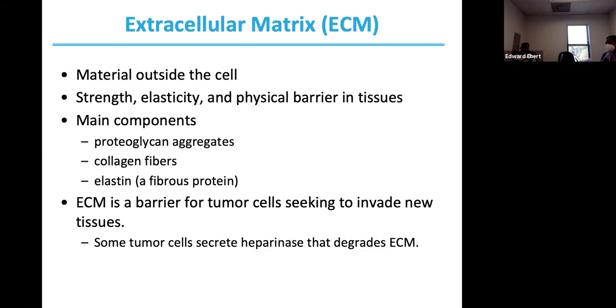So the ECM is kind of like a wasteland as far as travel. Stuff can't get in or out too easily, and it can't travel through there very easily, unlike in the cell where you have those actin fibers in the cytoskeleton that lead everywhere, and you've got import and export.